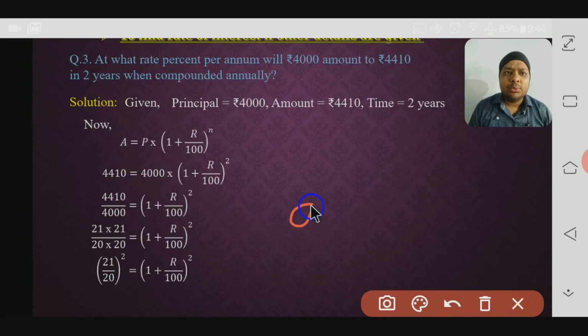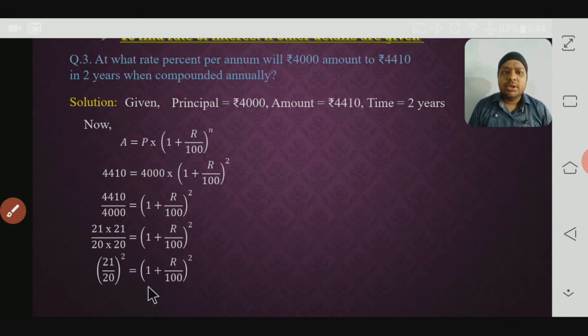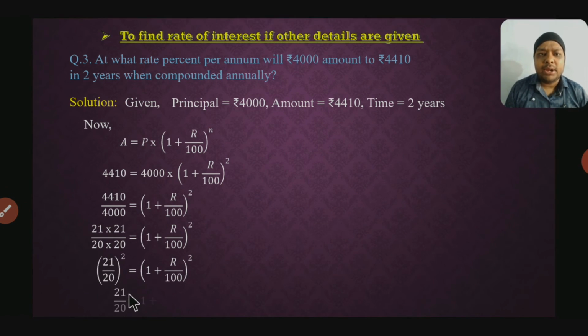If a to the power b is equal to a to the power 2, if the base is the same, then the base will cancel and thus the exponent will be the same. So here the power 2 will cancel, then what will be left? Only 21 by 20, and 1 plus r by 100.